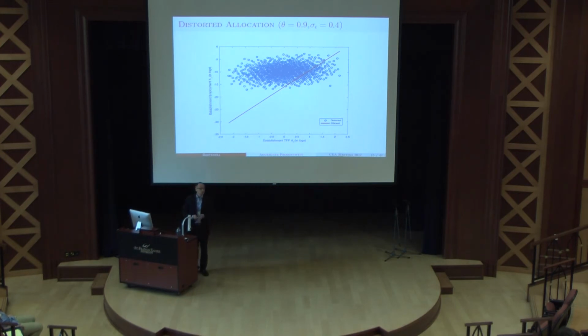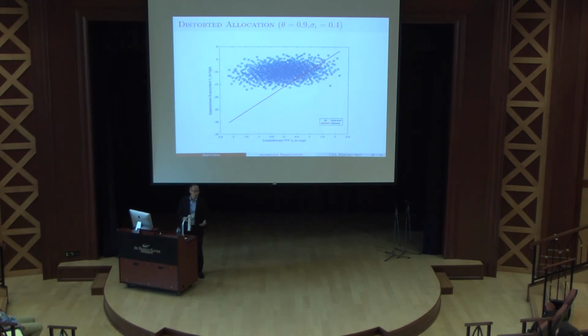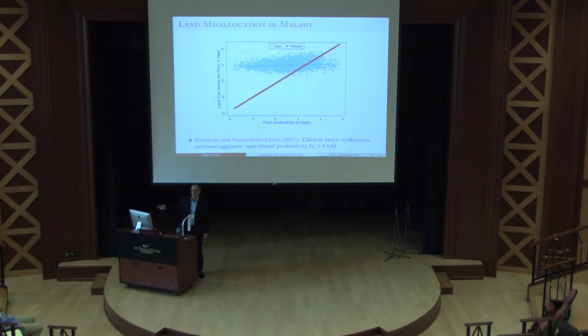Now, this is, of course, hypothetical, and the question is, do we see anything in the data that resembles this type of crazy allocation? I'll discuss in more detail the institutional context for this example, but here, of course, I came up with the simulated economy just to replicate this type of evidence.